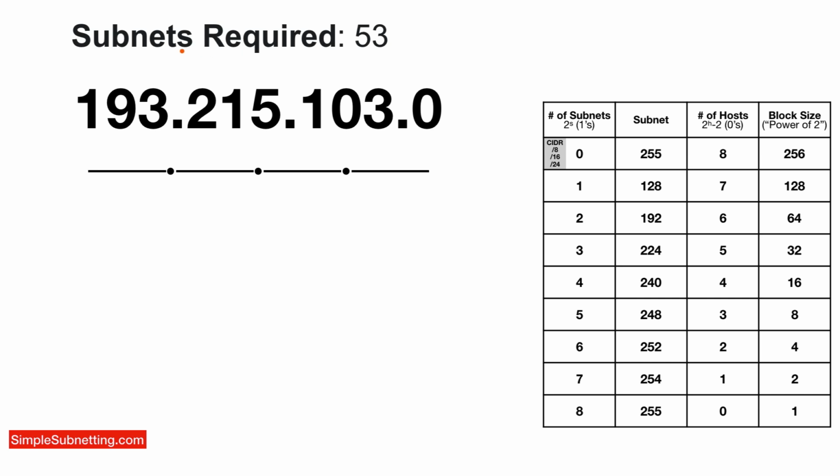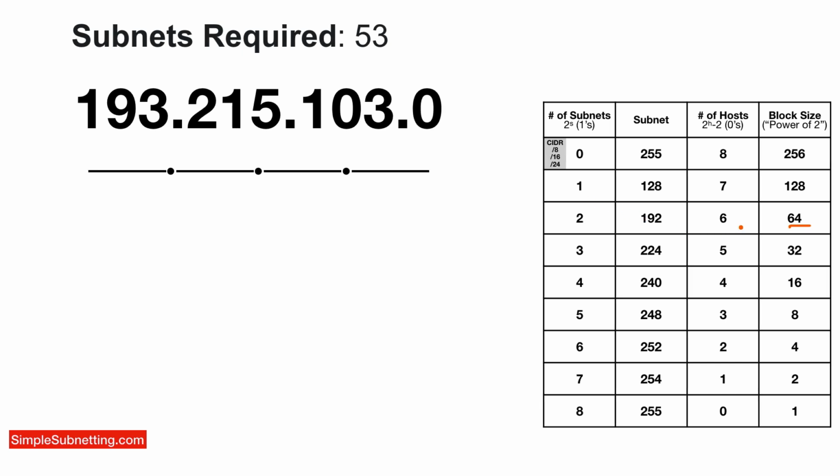The question asks for what's a subnet mask when 53 subnets are required. So step one is you go to this column here and you look for the closest number to 53 without being under. So it's this one, because 32 would only give us 32 subnets and 64 will give us 64, plus it will cover the 53 we need.